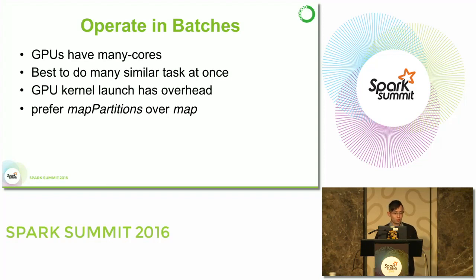One of the reasons is that when you launch a GPU function, which is called a kernel, it's a significant overhead, unlike a normal regular CPU function call. So you prefer to use mapPartitions so that you have all the data for that partition ready, copy it to the GPU, and launch a kernel to compute on all of them, instead of using map, which will be handling one element at a time.